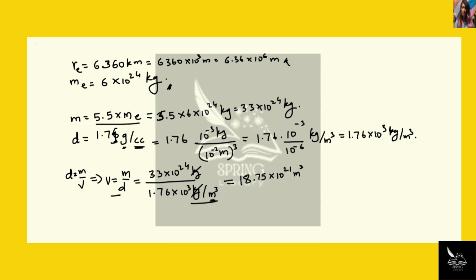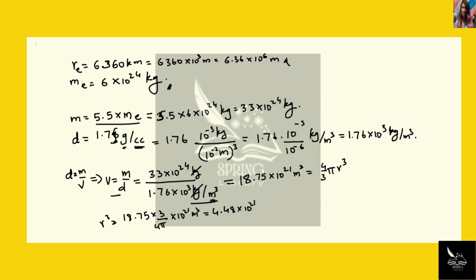But we know that this is a spherical planet, and hence its volume would be 4 by 3 pi r cubed. Hence, r cubed is 18.75 multiplied by 3 by 4 pi into 10 power 21 meter cubed. Hence, this turns out to be 4.48 into 10 power 21.